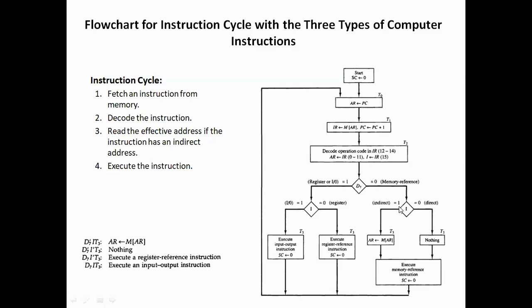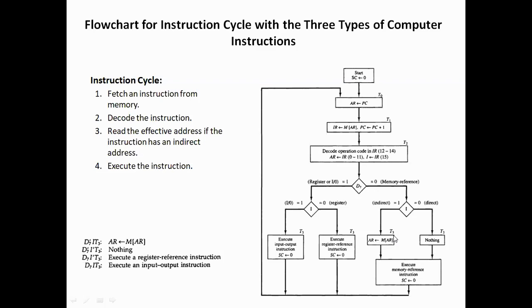Okay. Now, if it is indirect, what does that mean? That means we have to do this thing: read the effective address. If it is direct, we don't need to do this third step. That is why we are showing nothing here at this clock cycle. And if it is indirect, then we need to read the effective address.